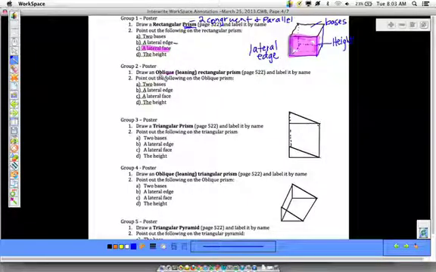Now what happens if it's oblique? An oblique rectangular prism just means that it's leaning. So if I were to redraw this, here's my rectangle. This time my sides are going to be leaning. This is a poor angle choice.